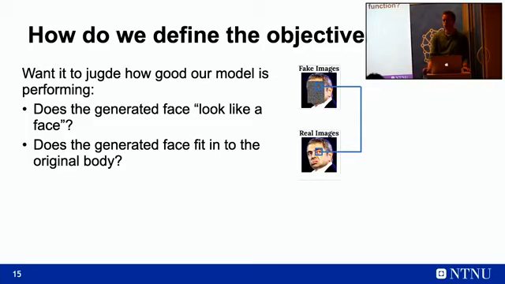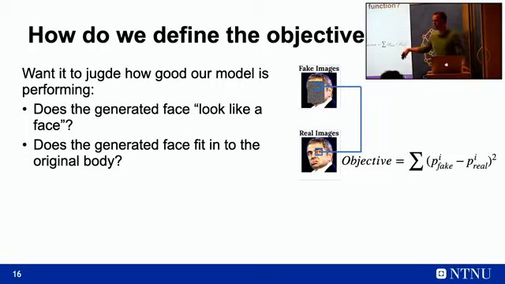I have my generated image and my real image, and I look at the difference. I can take a single pixel and measure some kind of L2 or L1 loss, taking a pixel in the original image and the generated image and measuring the distance. If the distance is 0, you generated exactly the same image.